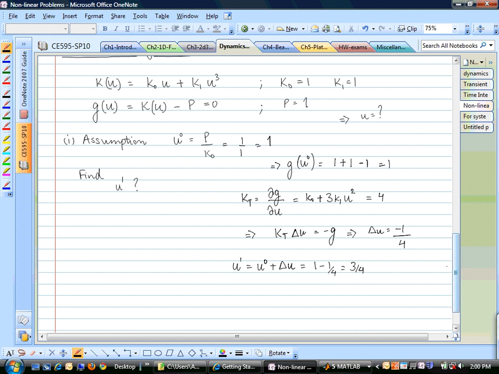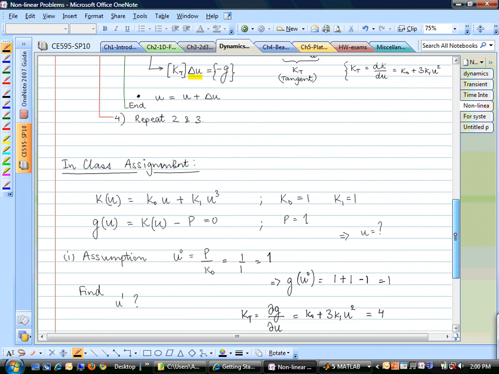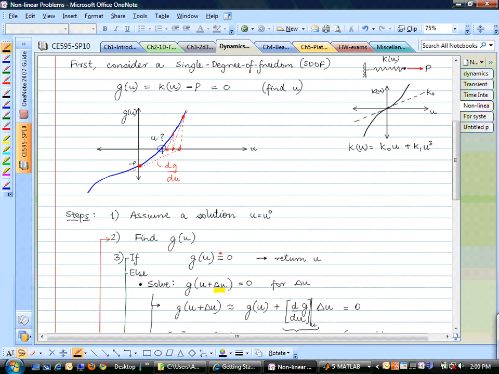So essentially what we have done here is, going back to this curve, we assumed that this was the solution. We calculate g at that point, calculate gradient of g at that point. That will take you down to this point. And you can keep on repeating this process until you hit this equilibrium point.